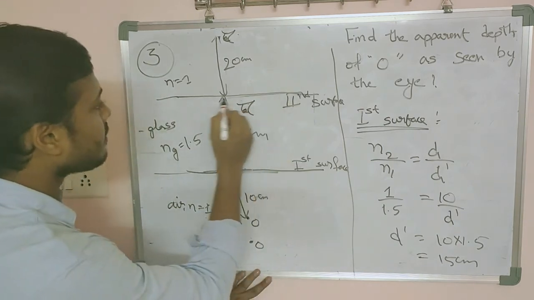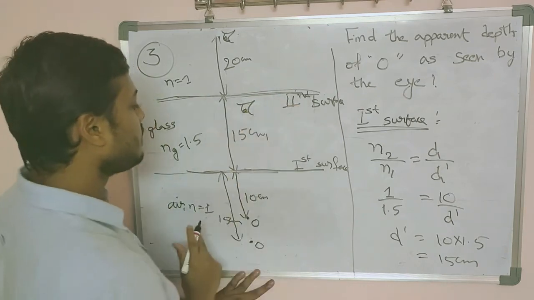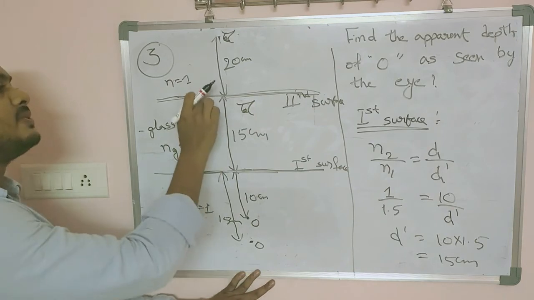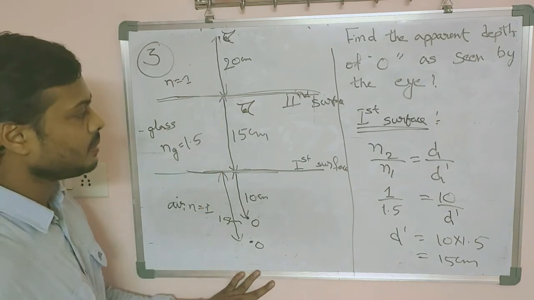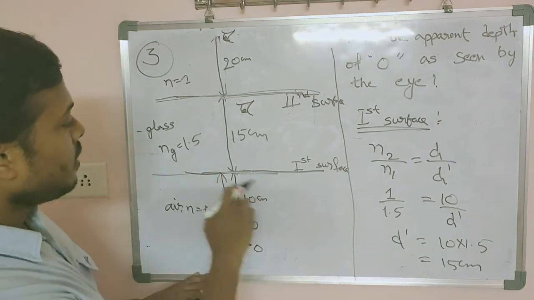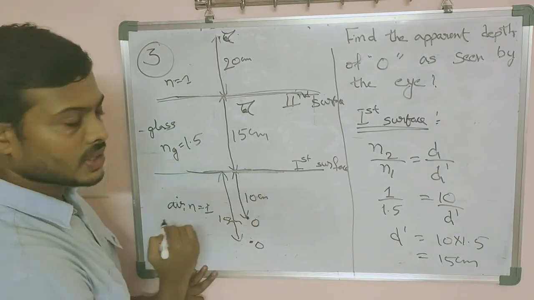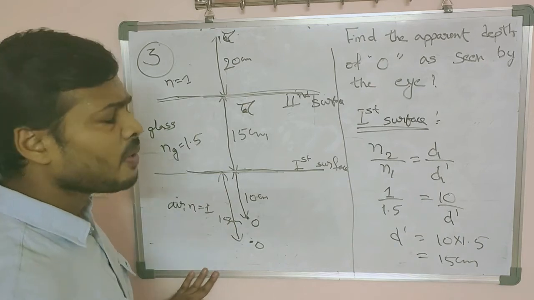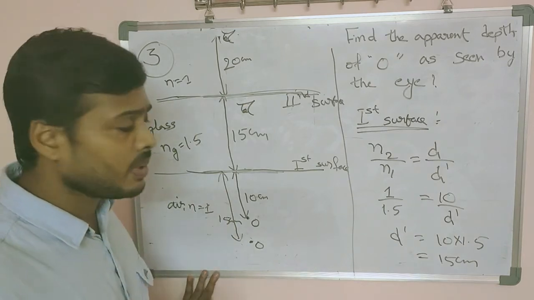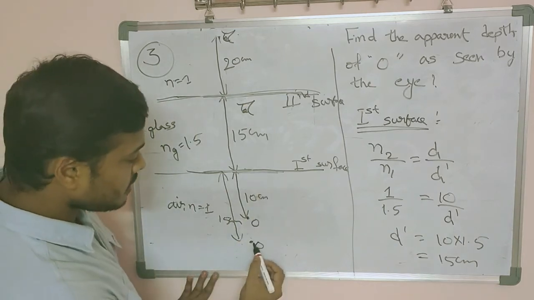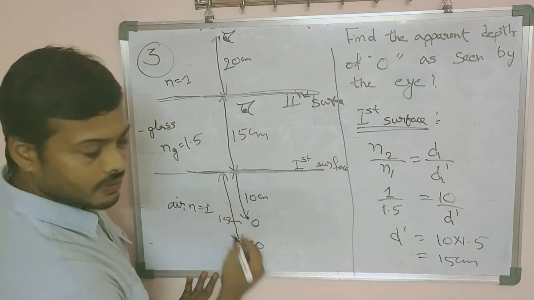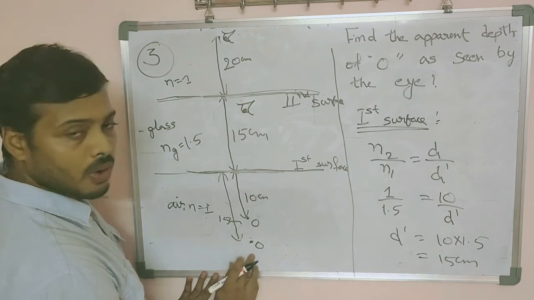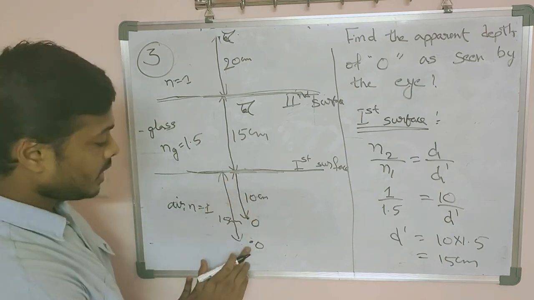But at this surface, the real depth would be this 15 centimeters and this 15 centimeters, which is 30 centimeters. See, there is first refraction here and there is going to be a second refraction. We have also learned in the combination of mirrors, this is the image formed because of this refraction. This is the actual object, but this is the image formed because of the refraction.